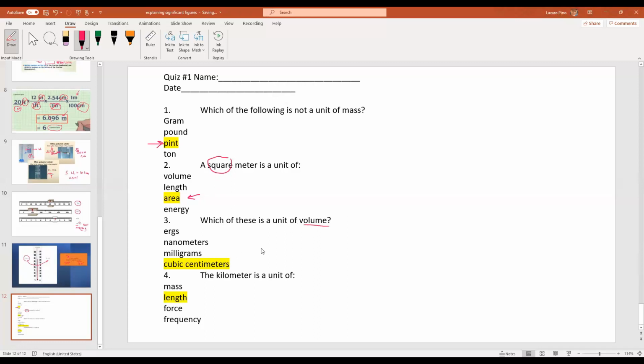That's why for volume here it is cubic centimeter. Cubic means length per width per height, 3 dimensions. Then this is volume. In area, you have only 2 dimensions, length and width. This is area. That's why here it is cubic and here it is square. And of course, kilometer is a unit of length.